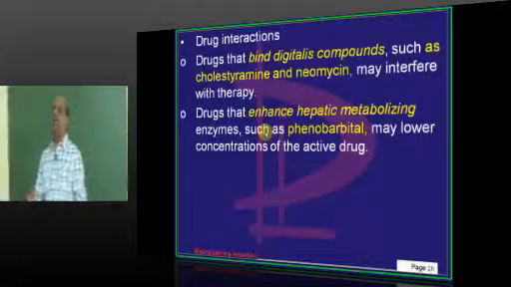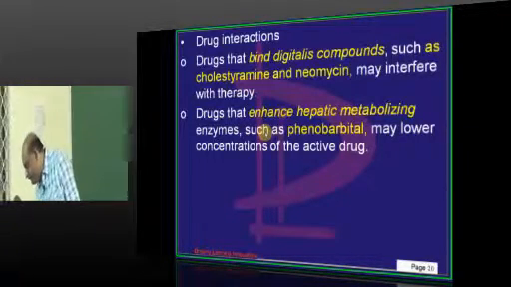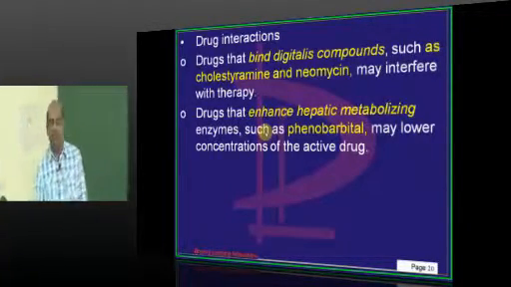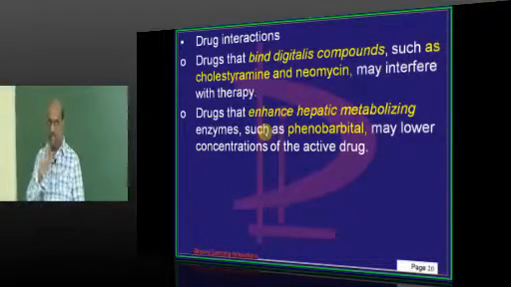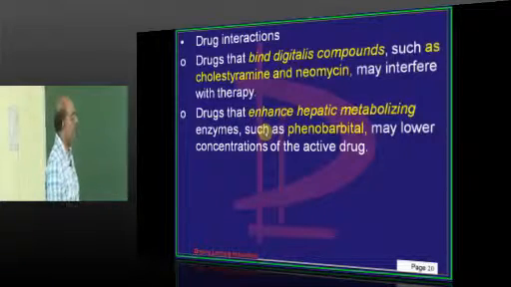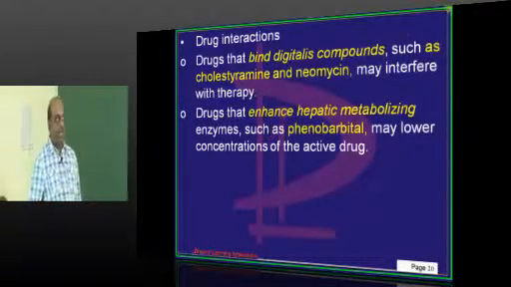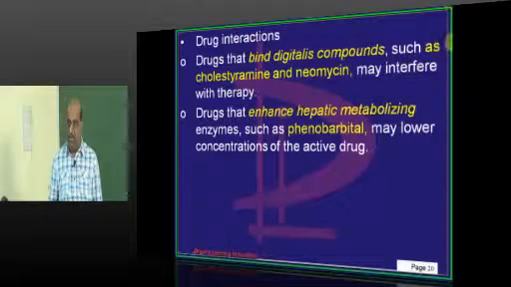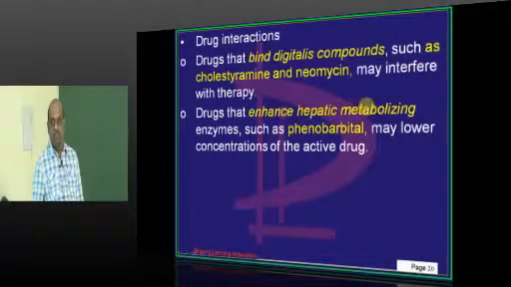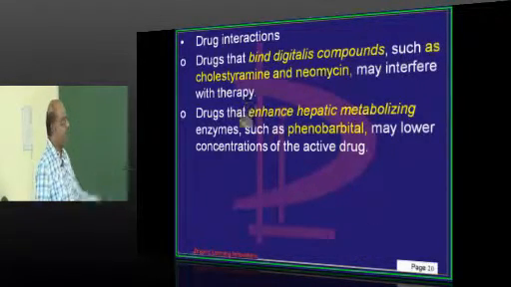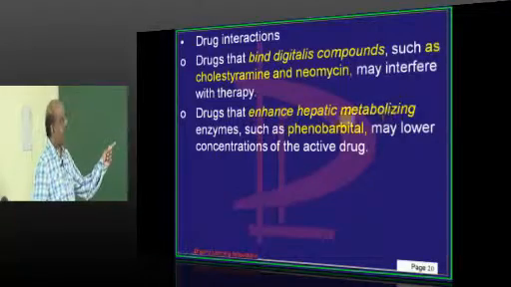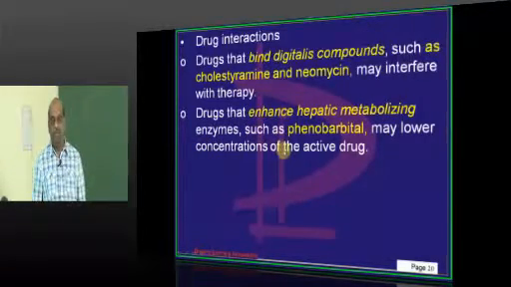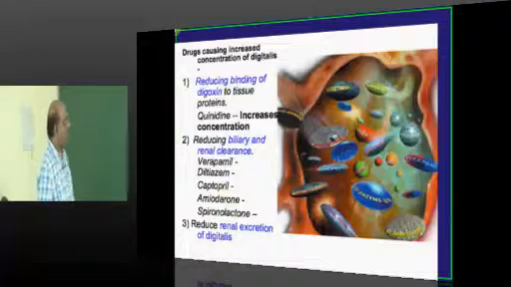So what are the drug interactions of digoxin, basically? Fundamentally, digoxin is taken orally. That's the reason cholestyramine for hyperlipidemia or neomycin, anything like that, can interfere. Then if the patient is given phenobarbital, it will enhance hepatic metabolism and lower the digitalis levels.